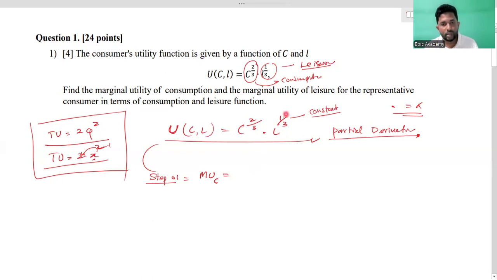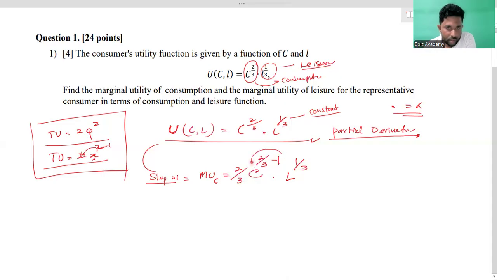That is why this leisure part becomes constant. Then the power goes in front of the C. How? 2 divided by 3, C, then 2 divided by 3 minus 1, L to the power 1 divided by 3. Then we have to calculate this one also.